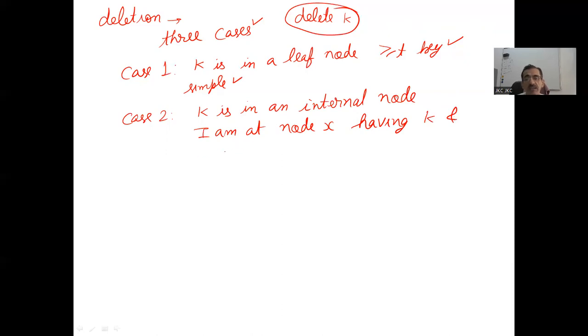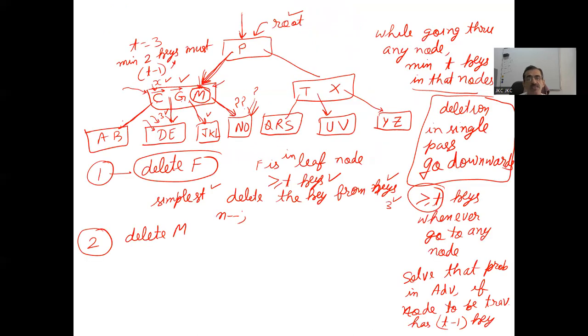So obviously, node x has greater than or equal to t keys, because I have reached this node, so this is implied. So now K is to be deleted from an internal node, like this. So M is to be deleted, and I have to find a solution.